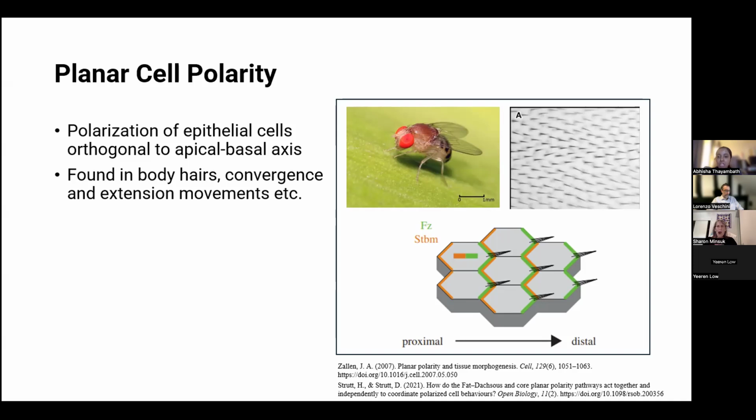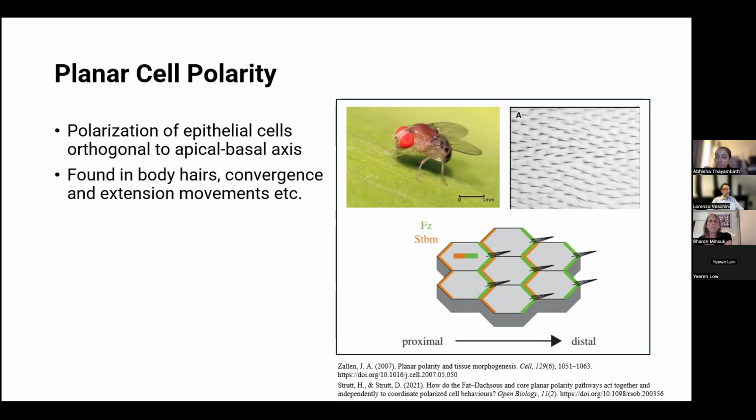So these cells also exhibit something called planar cell polarity, where specific proteins called PCP proteins localize to the apical junctions and distribute themselves asymmetrically to the opposite poles of a cell. This polarization of apical epithelial cells is orthogonal to the apical basal axis, and hence it's called planar cell polarity. This is mostly found in external structures such as body hairs, sensory hairs, wing hair, etc., in both vertebrate and invertebrate epithelia.